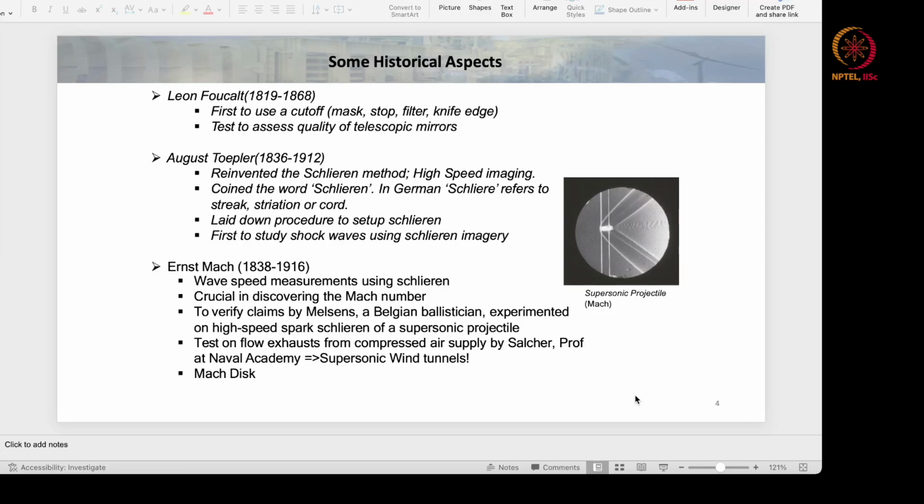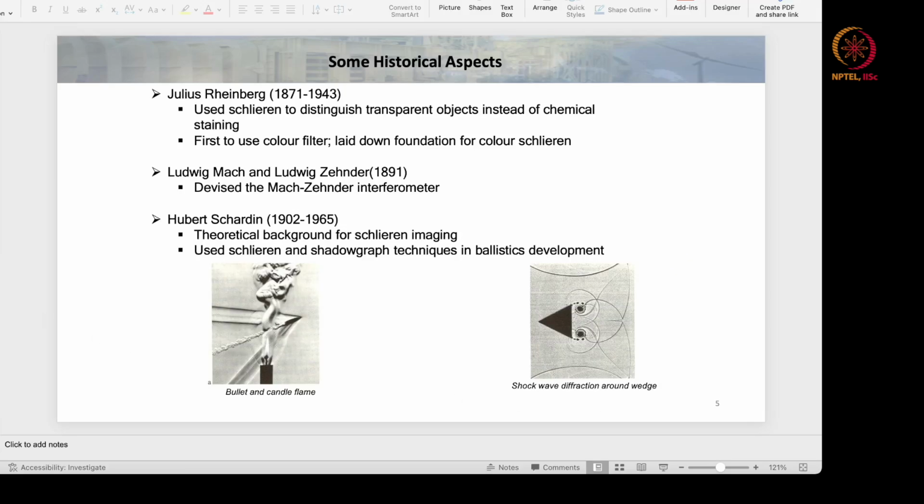Now, to verify these claims, there has been work on high-speed spark Schlieren of a supersonic projectile. There has been a test on the flow exhausts and also measurements in supersonic tunnels. The Mach disk and other things came into the picture right at that point. Some more aspects: Julius Rheinberg used Schlieren to distinguish between transparent objects instead of chemical staining.